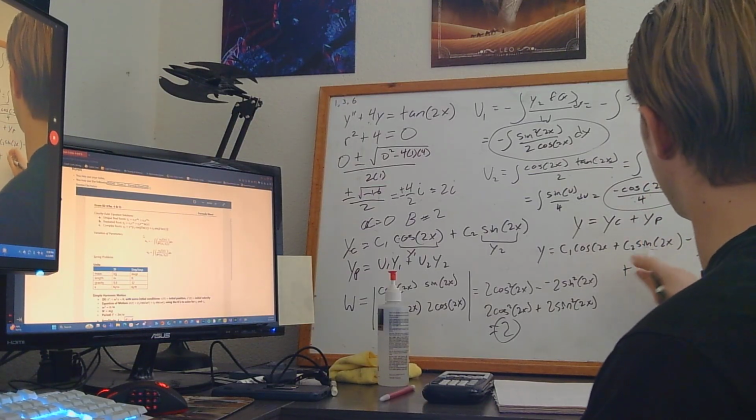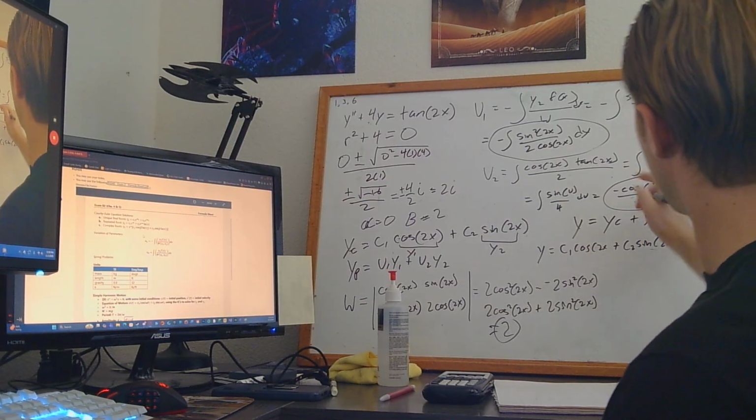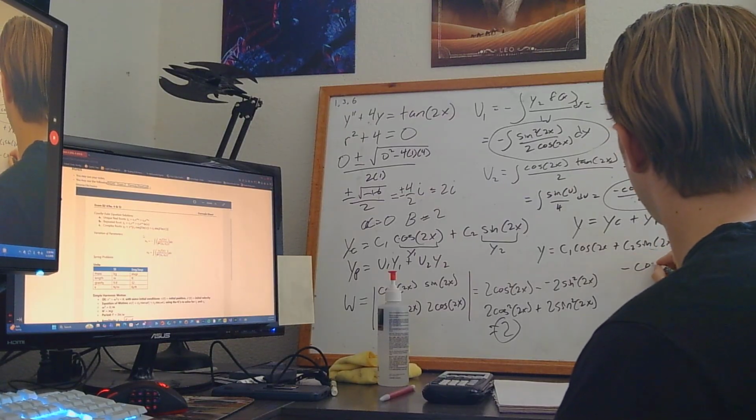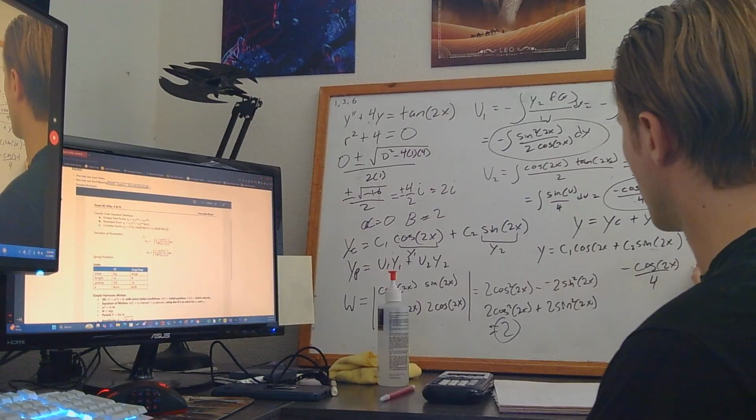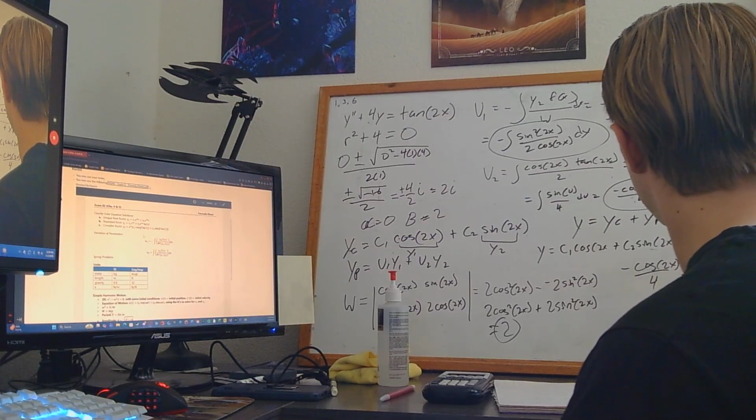Okay, plus, or no, excuse me, it's going to be a minus because of that right there. So minus cosine 2x over 4 times sine 2x.